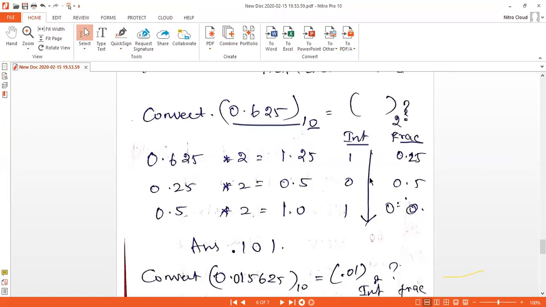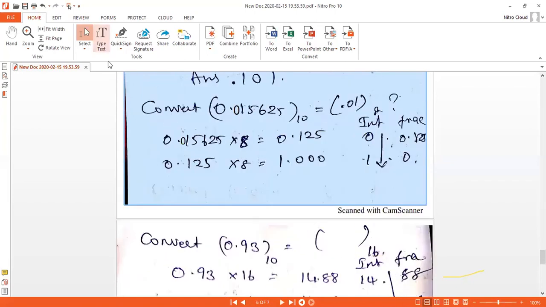Yes, sir. But in this model, you have to follow down, not the reverse model. Top to bottom, you have to write only the integer value, not the fraction part. Clear? Yes, ma'am, because the point is already here, right? The same point I'm putting here, the value 101, that's it.